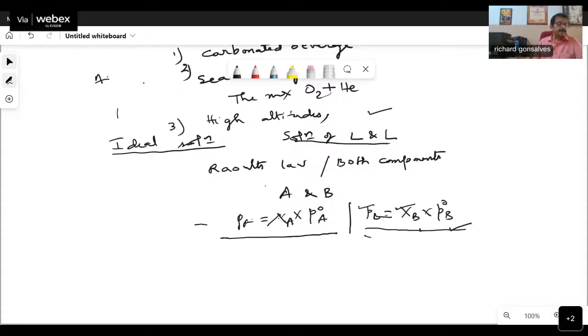Therefore, what is ideal solution? Please remember, ideal solution is one in which all the components obey Raoult's law. If there are two components, A and B, both should obey Raoult's law. Then only it is called ideal solution. I will give characteristics of ideal solution.